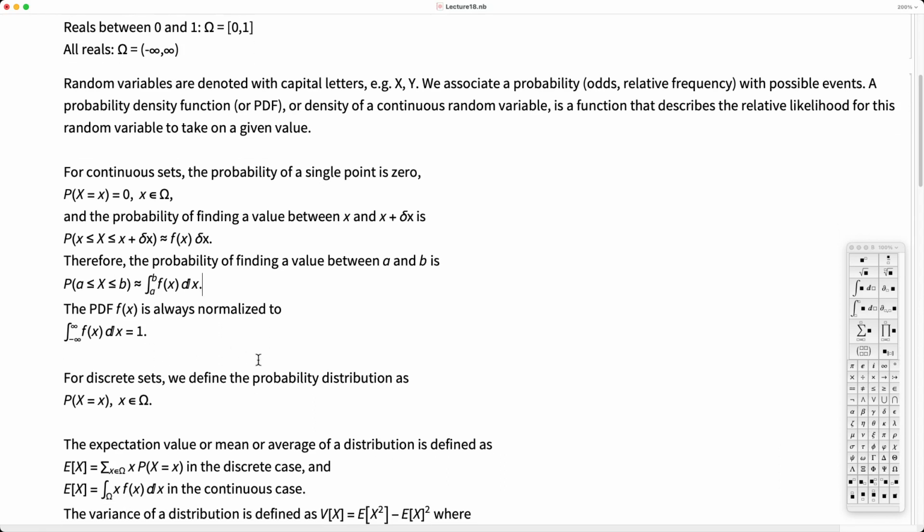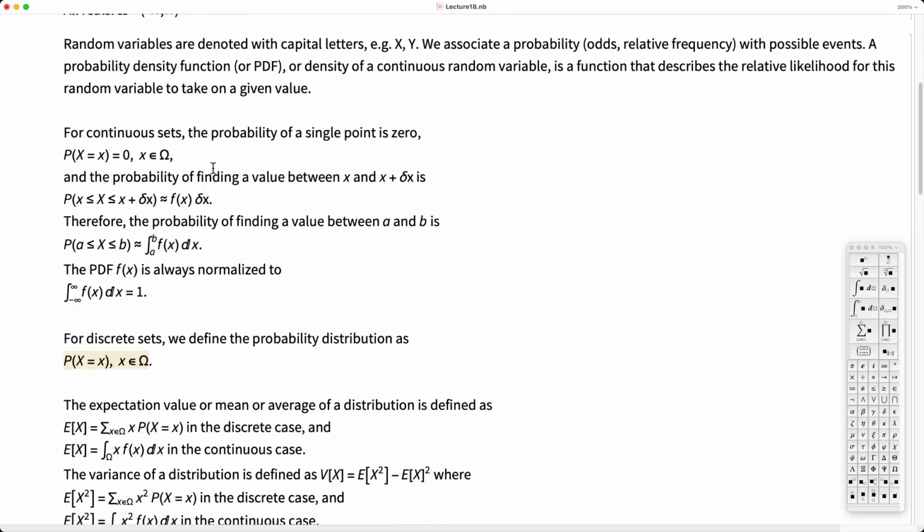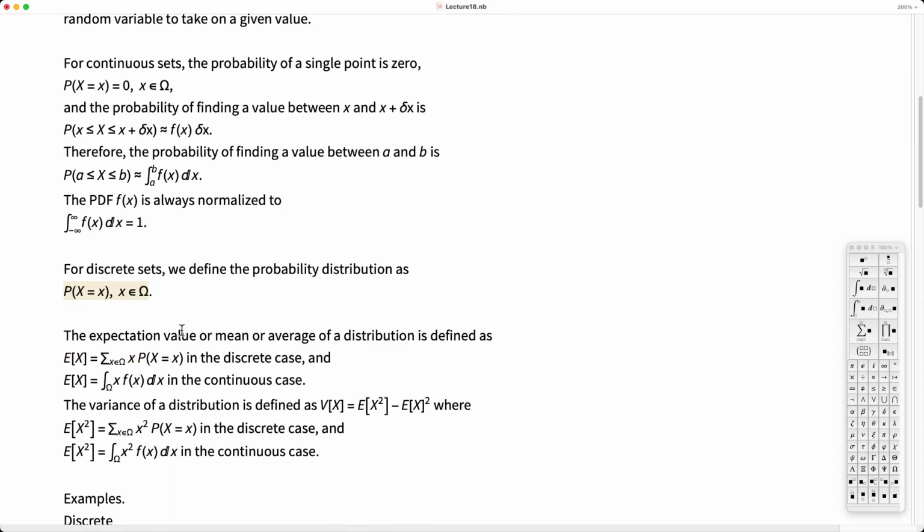For discrete sets, we define the probability distribution as P of capital X equals little x, where x belongs to this set omega. And let us supply a few definitions before we give a few examples.